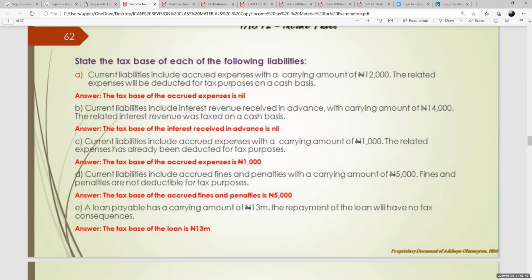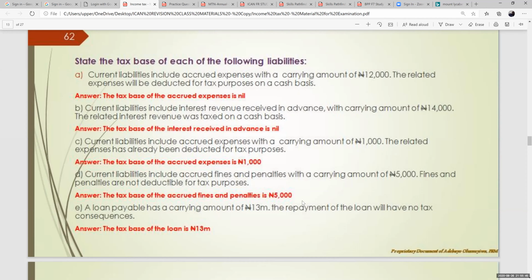On that basis, you have this practice question to solve. Now, I'll give you just 5 minutes to think about this.